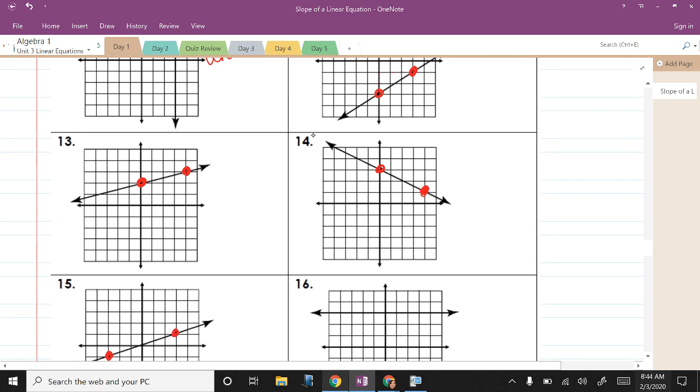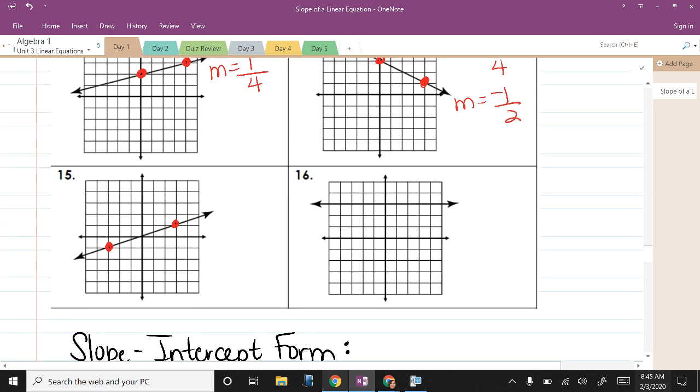13, up or down? Up 1. And to the right how many? And that will not reduce. Raise your hand if you got 1/4 for 13. All right, number 14, up or down? Down how many? Over. And what's that reduced to? Raise your hand if you got -1/2 for 14. All right, 15, up or down?